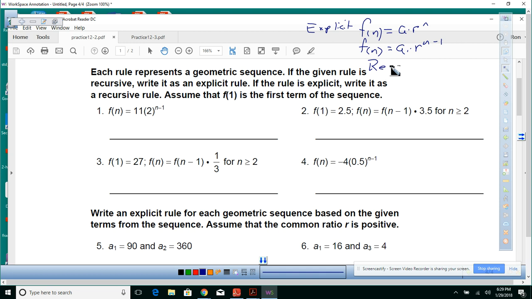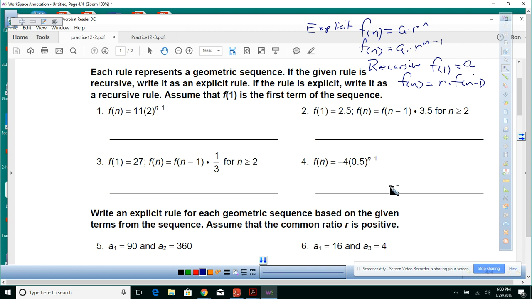Recursive. What's the recursive rule? F of 1 is a, and then f of n equals r times f of n minus 1.